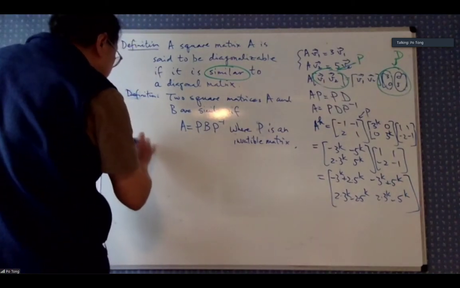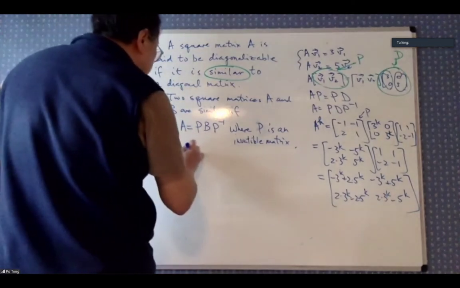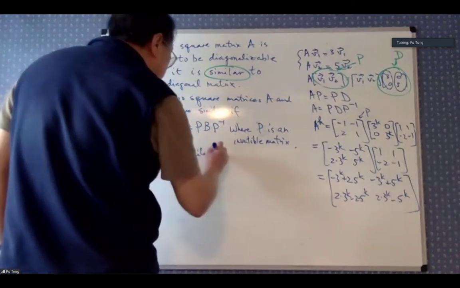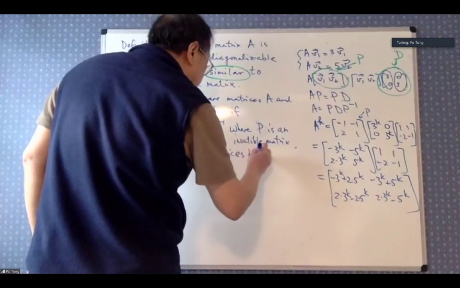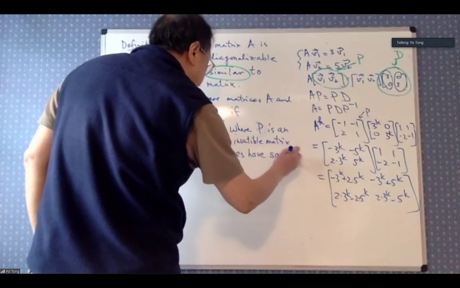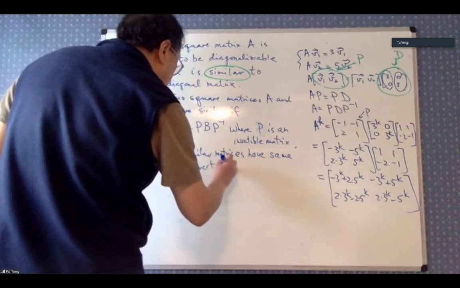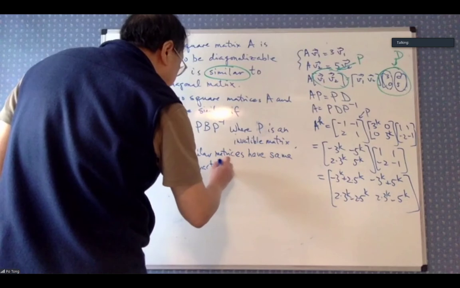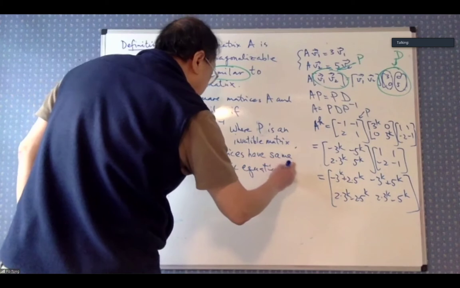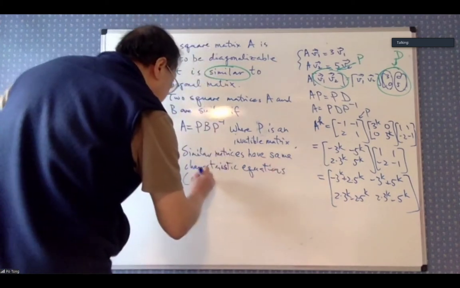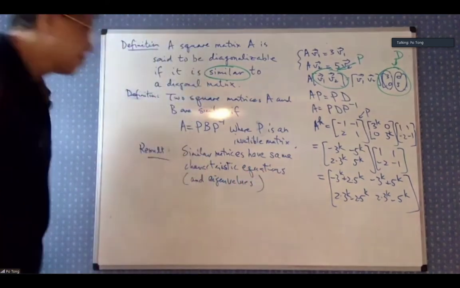Here's a result. Similar matrices have the same characteristic equations and eigenvalues.